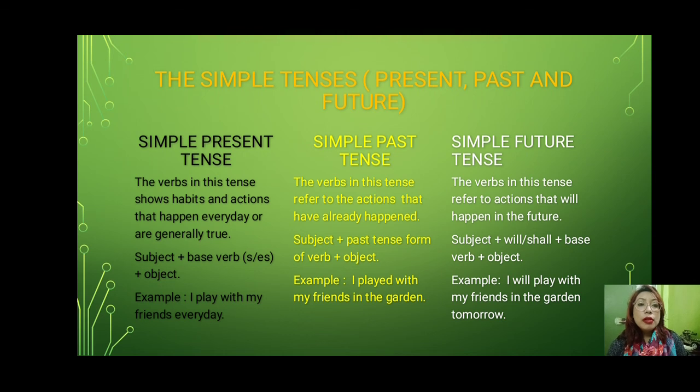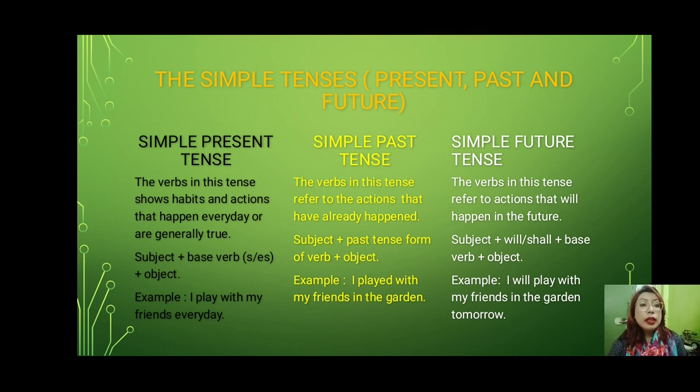So students, here also I have taken the same example to help you understand it better. If I make the same sentence into a future tense one, please look there. I will play with my friends in the garden tomorrow. Here you can see that for the subject I, I have used will or shall.